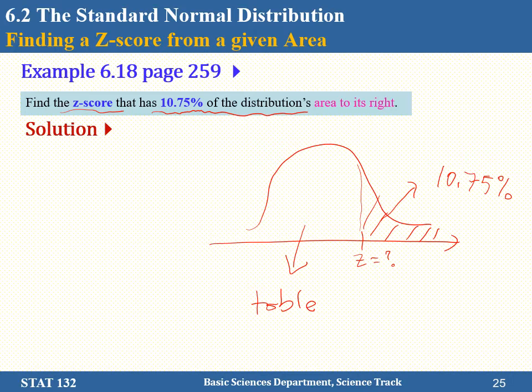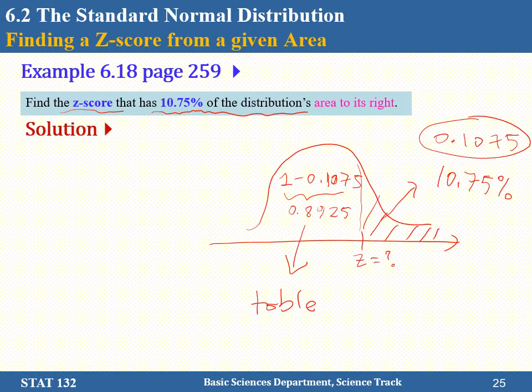You can subtract from 100, or we have to convert it to decimal anyway, so it has to be 0.1075, and then this part will be 1 minus 0.1075, and this will give us 0.8925.